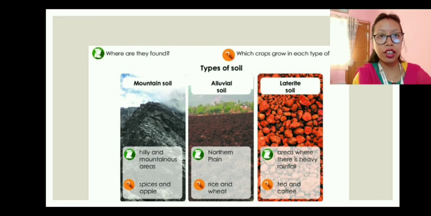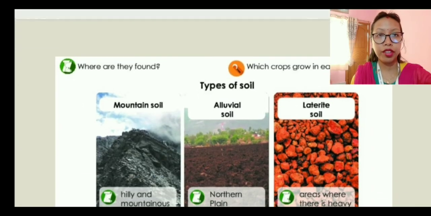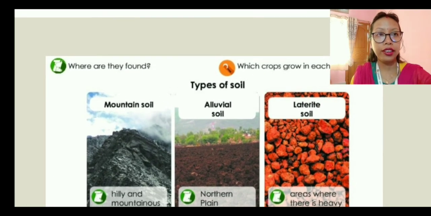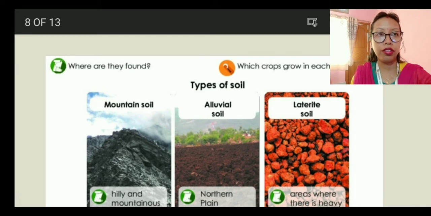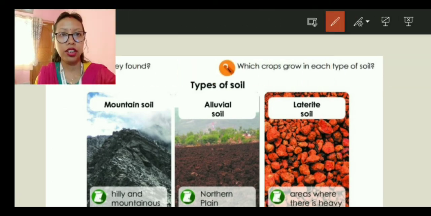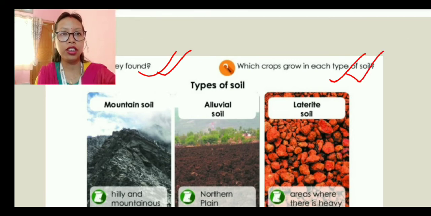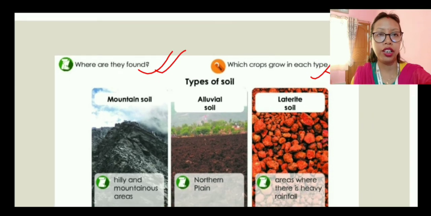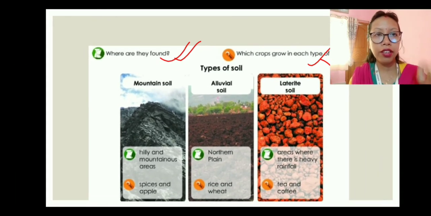If you look at the green one, this means where they are found, and the orange means which crops grow in each type of soil. So let's begin with the types of soil.